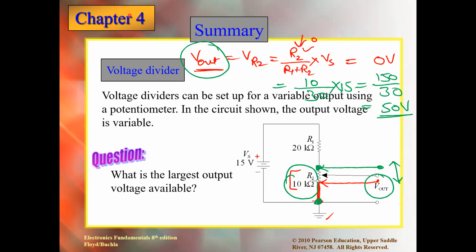We have seen that the largest voltage available is 50. And if I ask you what is the minimum voltage available, you will say 0 volts. Is this clear to all of you?